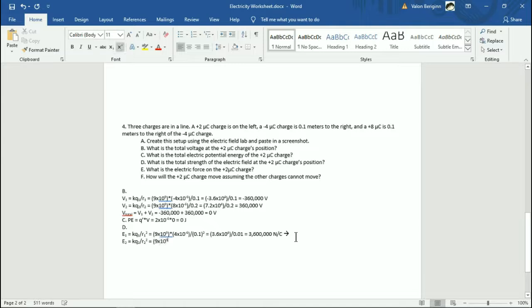Nine times 10 to the 9 times 8 times 10 to the negative 6, divided now by 0.2 squared, equals 7.2 times 10 to the 4, because the numerator has not changed. But now I'm dividing by 0.2 squared, so that's 0.04.